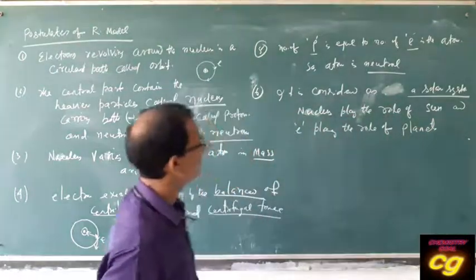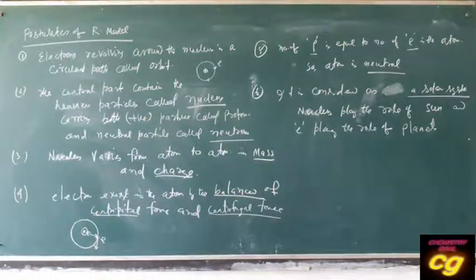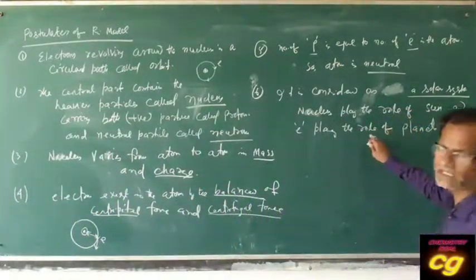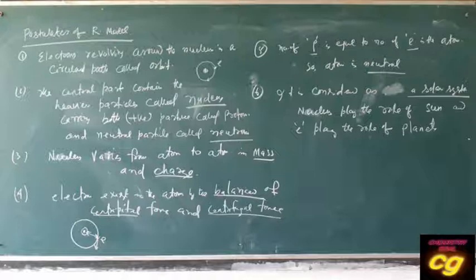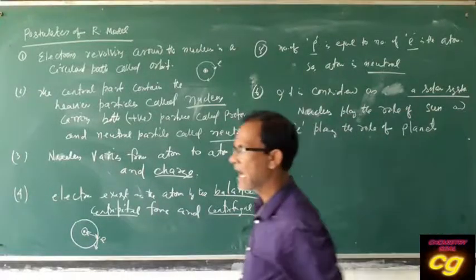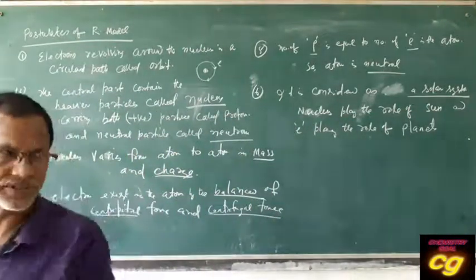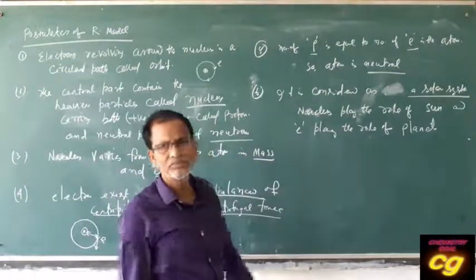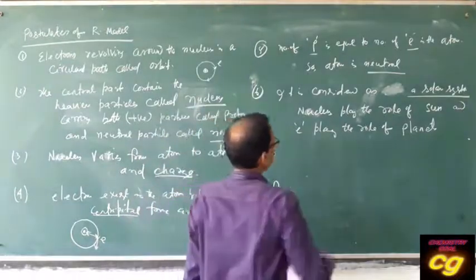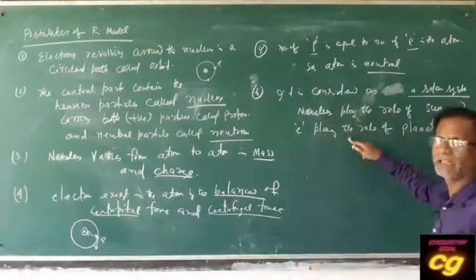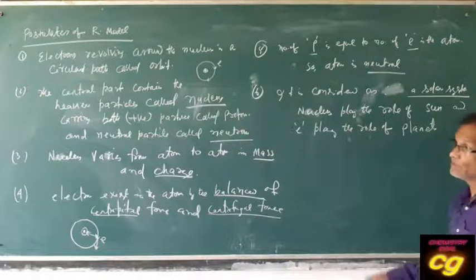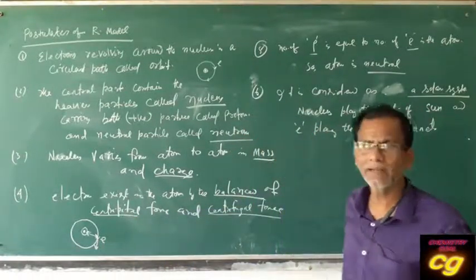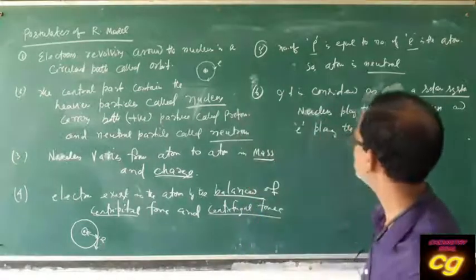They are not disturbed, they remain in their positions. The position of the sun is fixed and the positions of planets are fixed. Only planets are revolving around the sun. Similarly, electrons are revolving around the nucleus due to balancing of centripetal and centrifugal force.